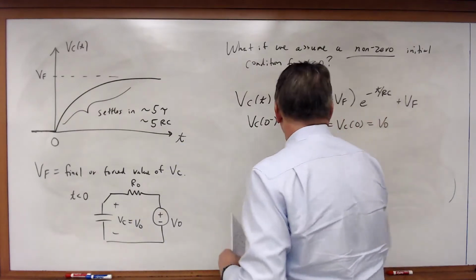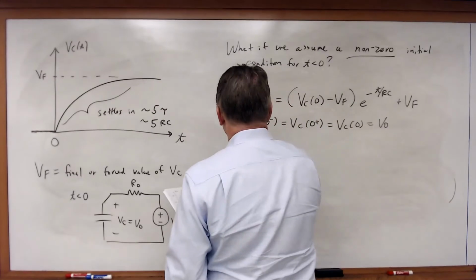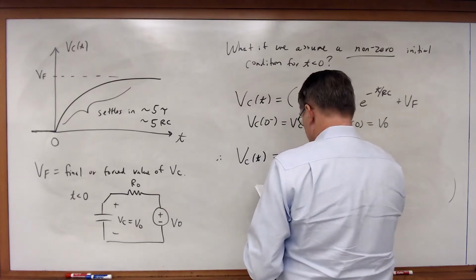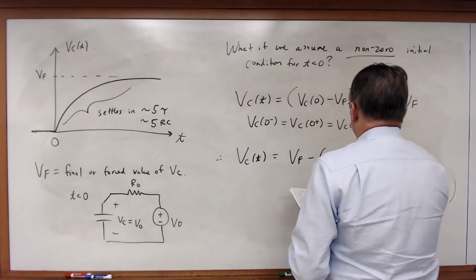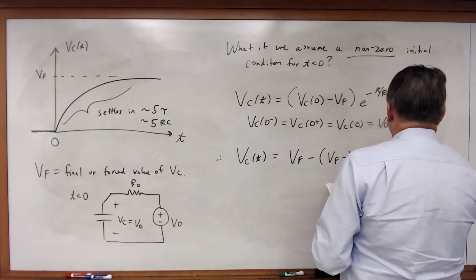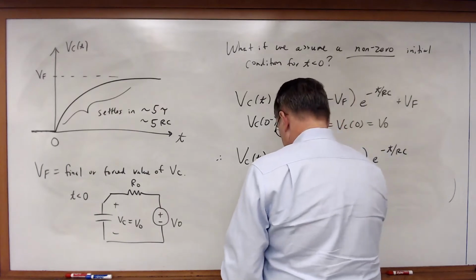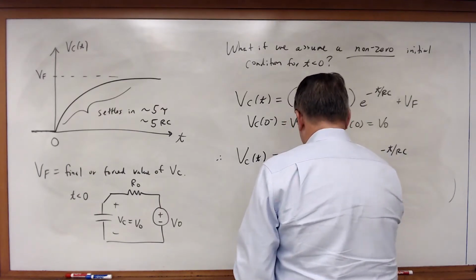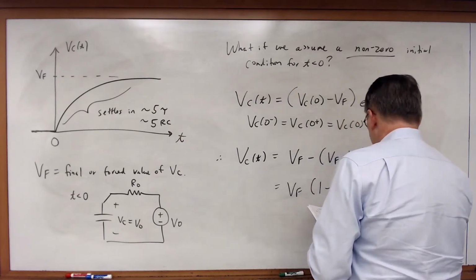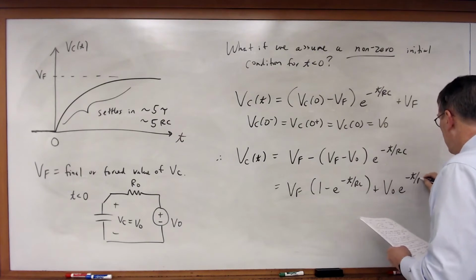And instead, I now get the following equation, that Vc of t is equal to Vf minus V0 times e to the minus t over Rc, which is equal to Vf times 1 minus e to the minus t over Rc plus V0 e to the minus t over Rc.